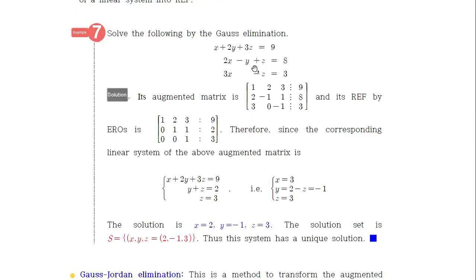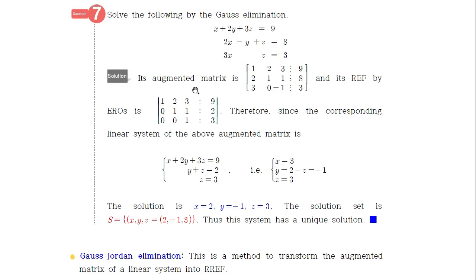For example, you have a linear system of equations, then you form an augmented matrix like this, and use elementary row operations to find the REF of this one. Then the solution set of the corresponding linear system is the same as the solution set of the original linear system.